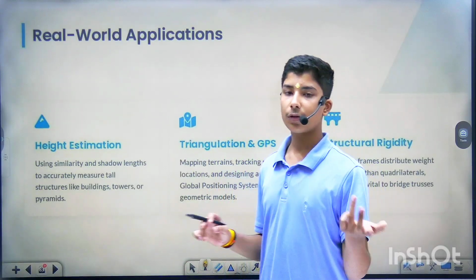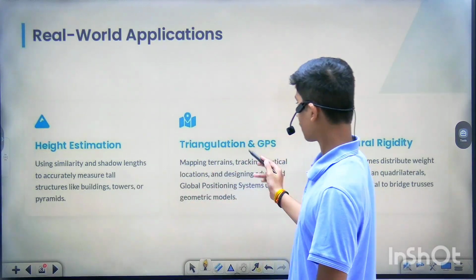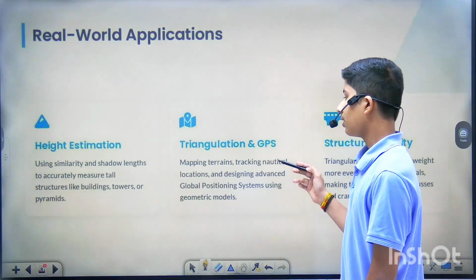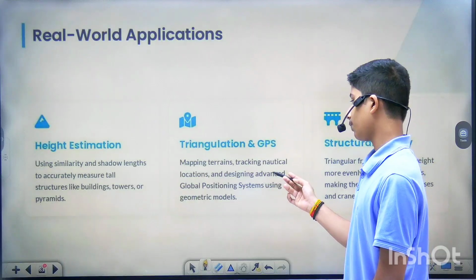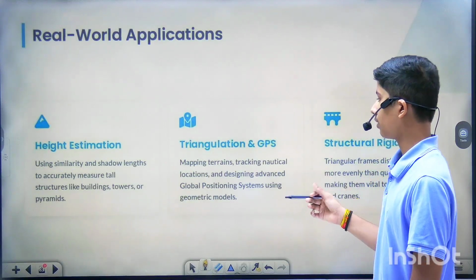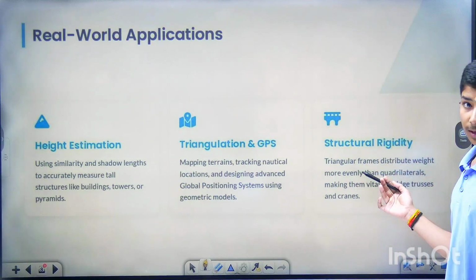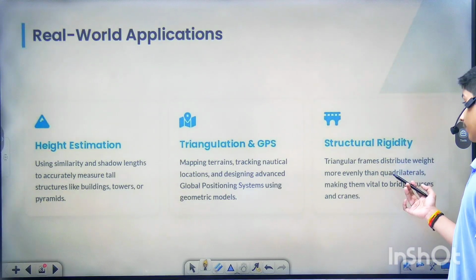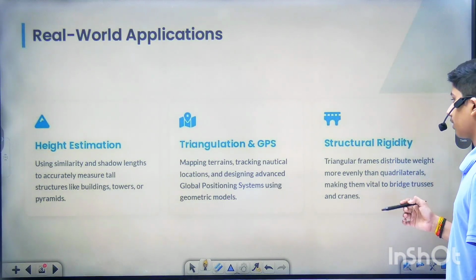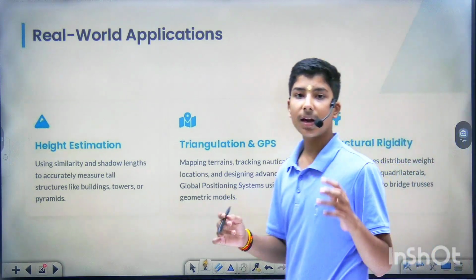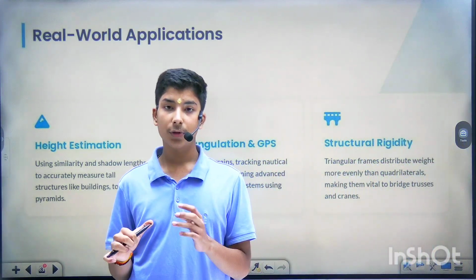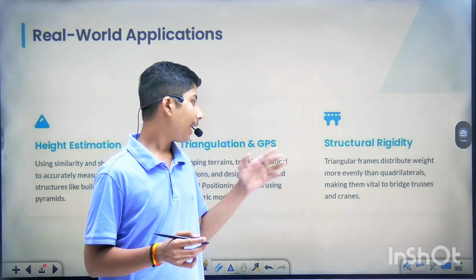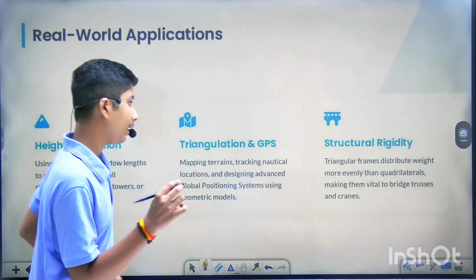Pyramids, they are also of triangular shape. Triangulation and GPS: mapping terrains, tracking nautical locations, and designing advanced global positioning systems using geometric models. Next is structural rigidity. Triangular frames distribute weight more evenly than quadrilaterals. Meaning if the frames are triangles, then the weight is distributed more evenly than in any quadrilateral or any other structure.